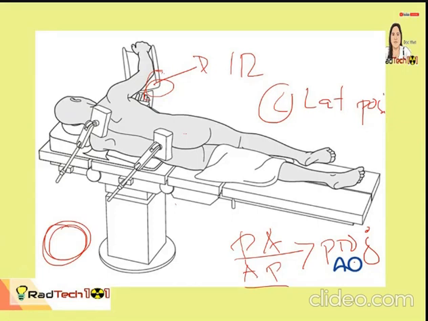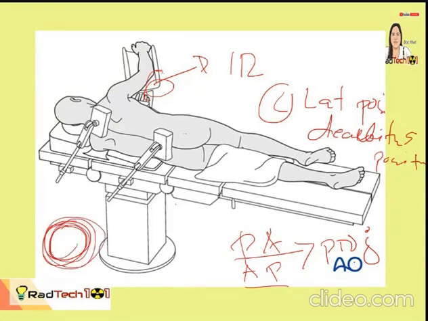But if we are talking about decubitus position, we are talking about the direction of the X-ray.